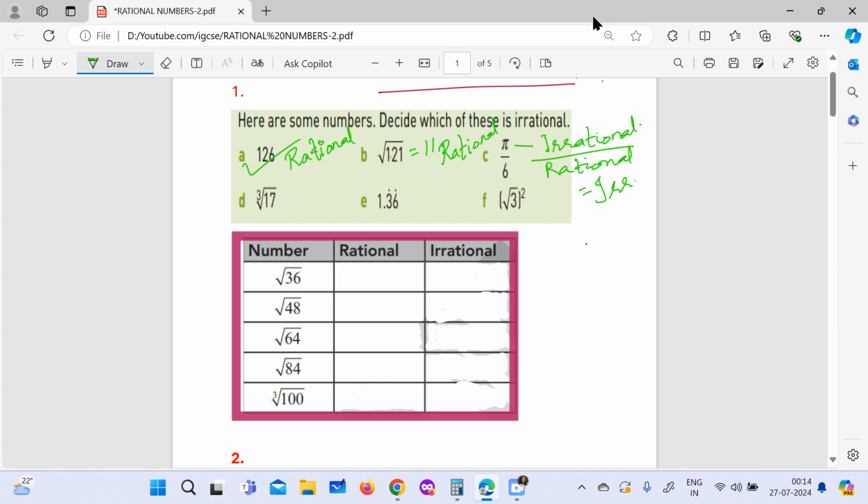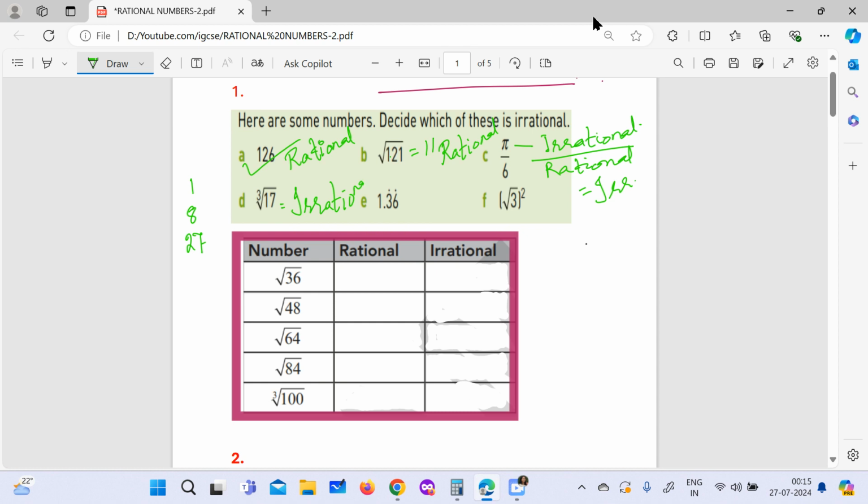Now, cube root of 17. What are the cube numbers? 1, then 8, and 27. We don't have 17 anywhere in between them, and we cannot find the cube root of 17 as a whole number. So this is also an irrational number.